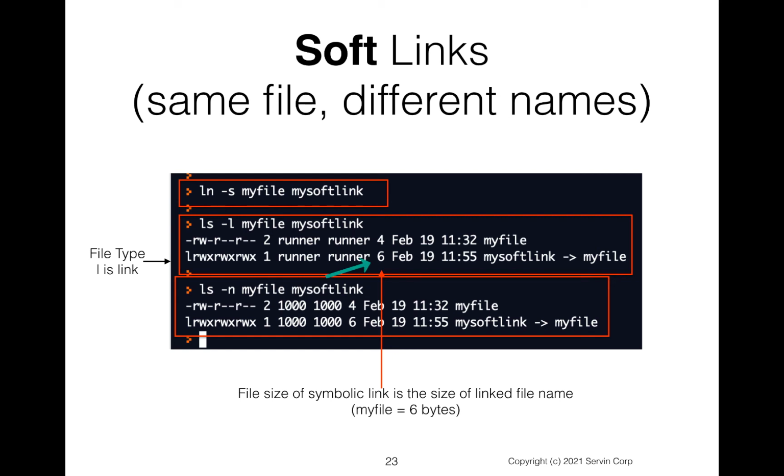It actually has a file size of 6. And the reason for that, the file size of a symbolic link is actually the name of the file it links to. So inside of the soft link is the name of the actual file. So in this case, since it's linking to myfile, that's 6 bytes, and so that's what we see listed here.